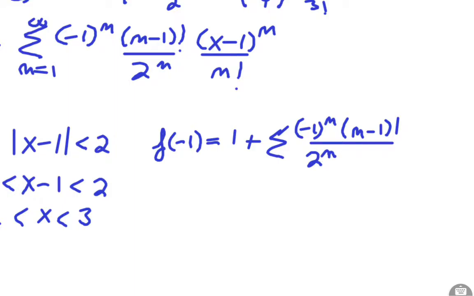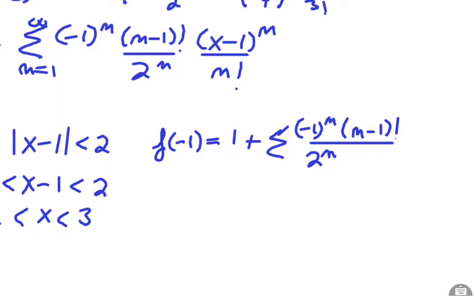Times what? Well, if I plug in negative 1, I get negative 1 minus 1 to the n, which is negative 2 to the n. So I got a negative 2 to the n, times n minus 1 factorial.